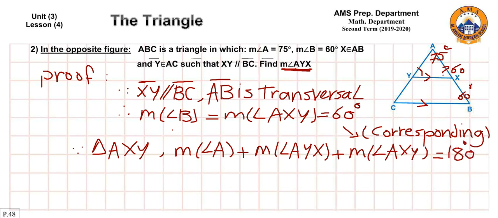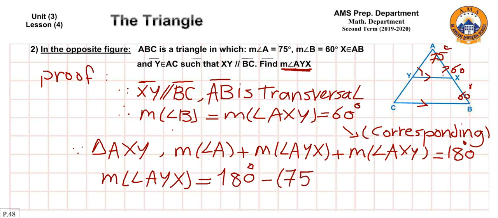So how can we find the measure of angle AYX? It will equal 180 minus, open the bracket, the sum of the other two angles. Now the answer will be 45. Okay, is it clear? The next exercise.